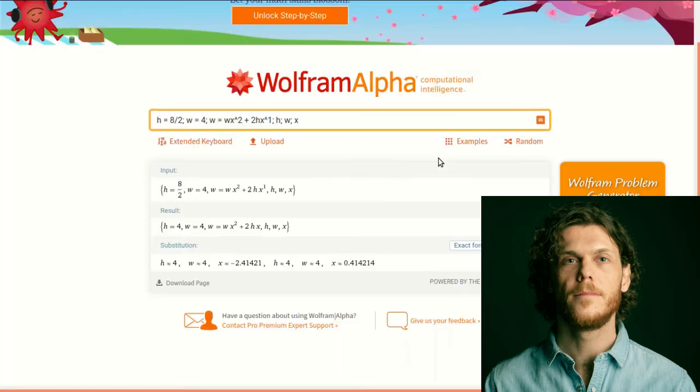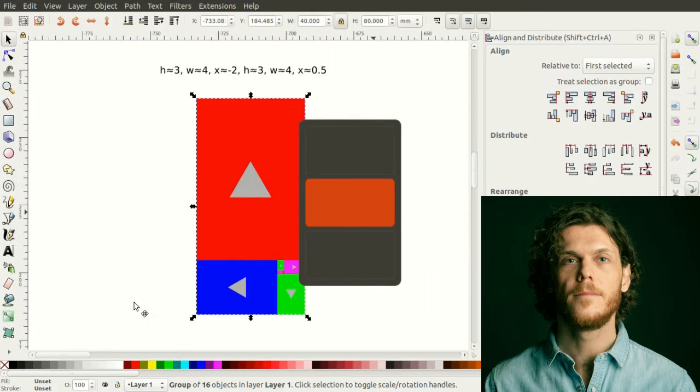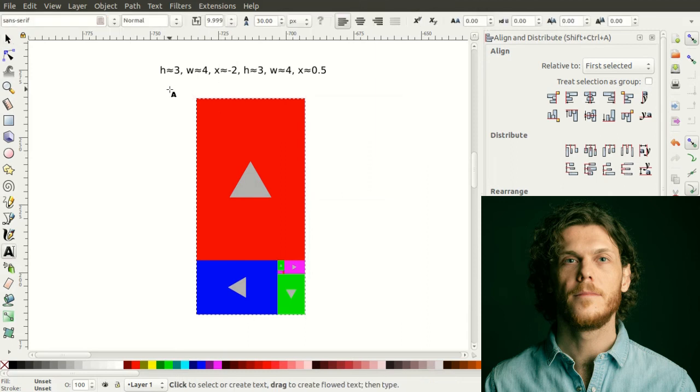Again, just double checking. Now taking those ratios and putting them into Inkscape.